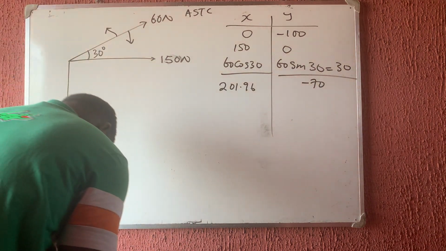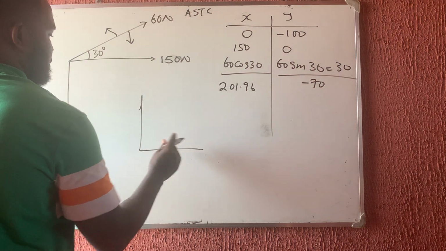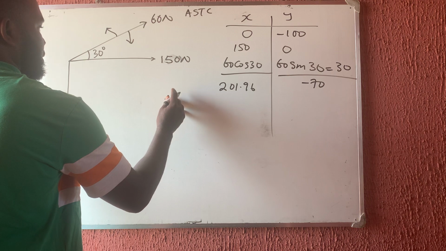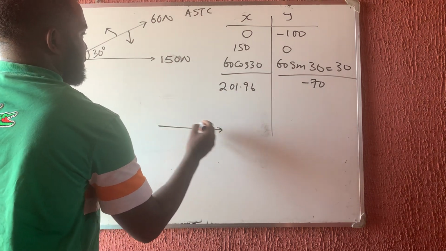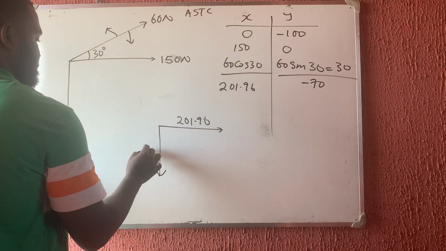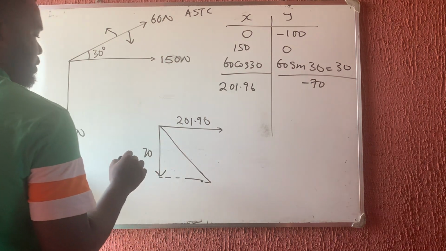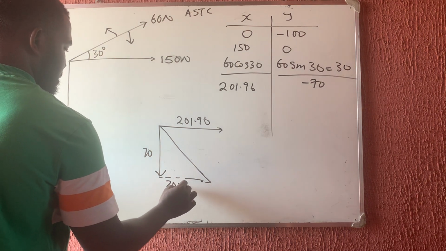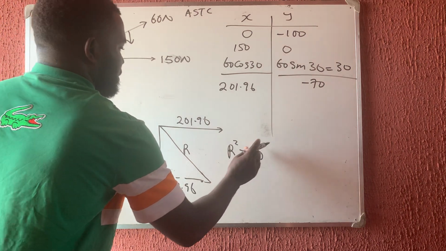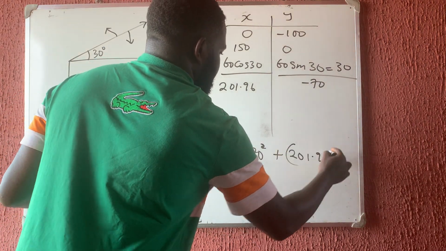So therefore my resultant R is going to be this. Sorry, it's going to be the other side, negative. So this is going to be positive x, that is 201.96, then negative y, which is 70. So the resultant passes through there. If I cut this like this, here is 201.96. So my resultant R: R squared is equal to 70 squared plus 201.96 squared.